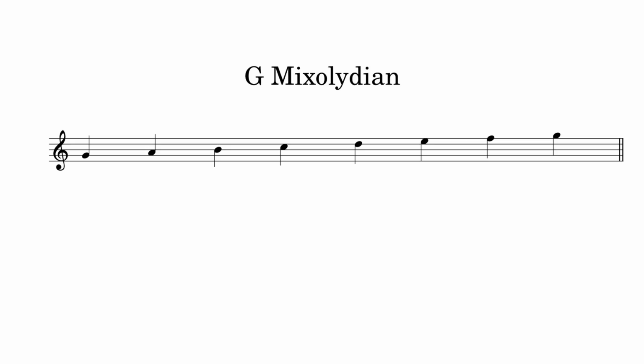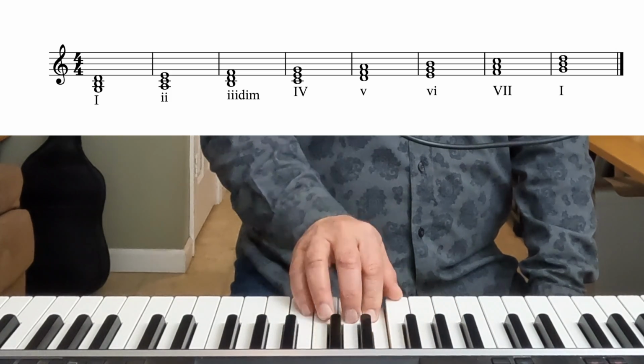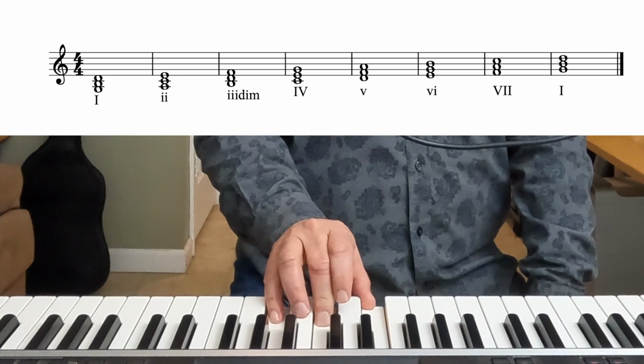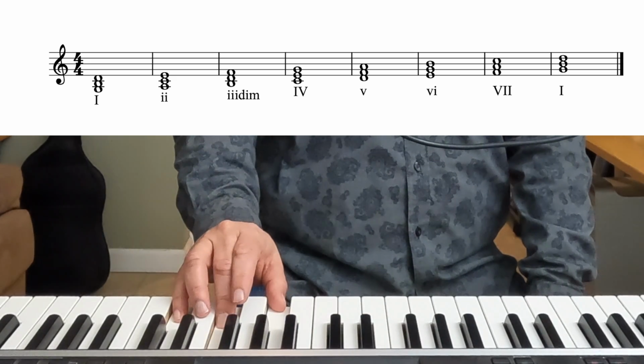So for example, just to give you a preview, if we take the Mixolydian mode and we take G Mixolydian, so we have a major chord, a minor chord, diminished, major, minor, minor, major, major. And then you can create progressions using those particular chords.